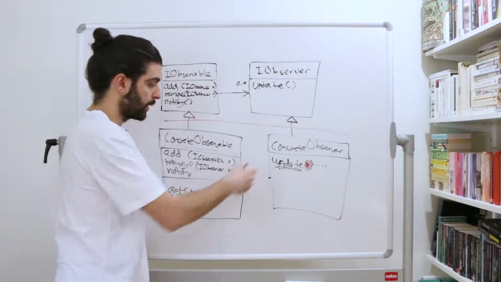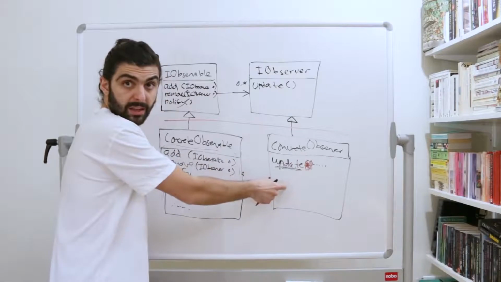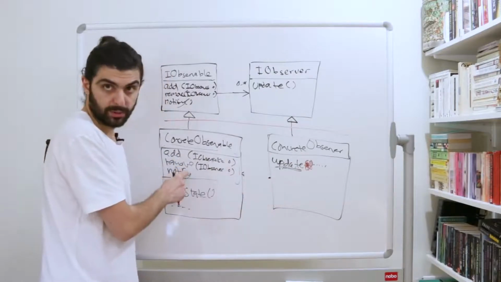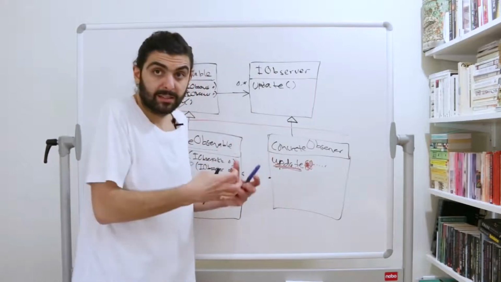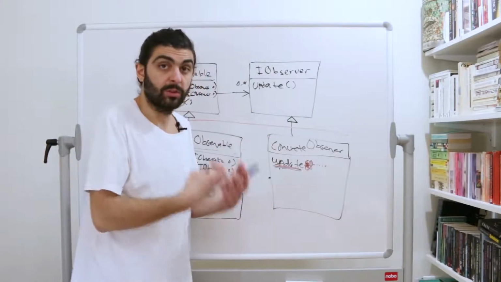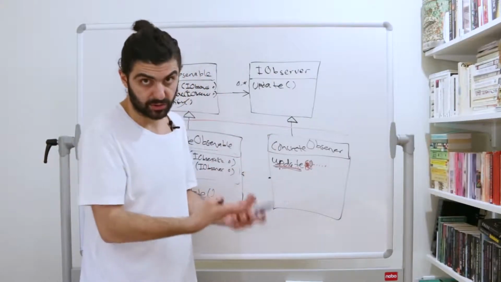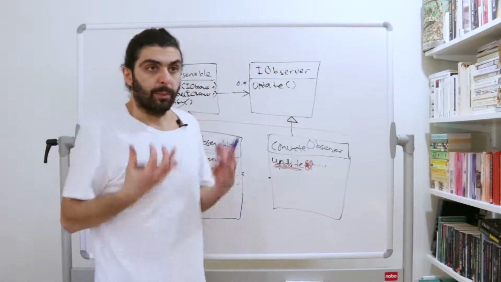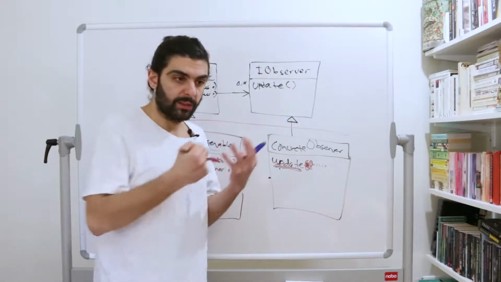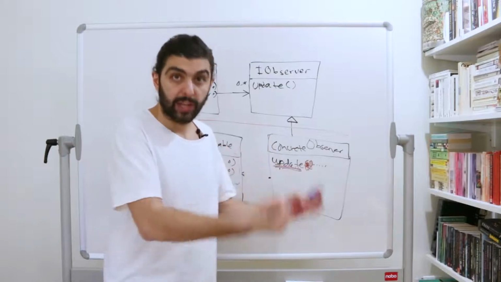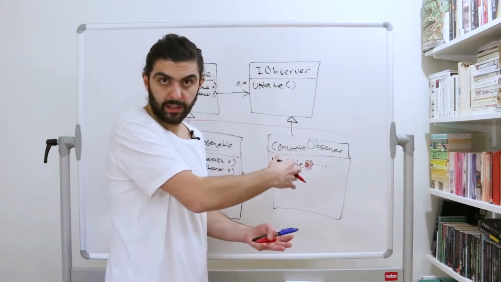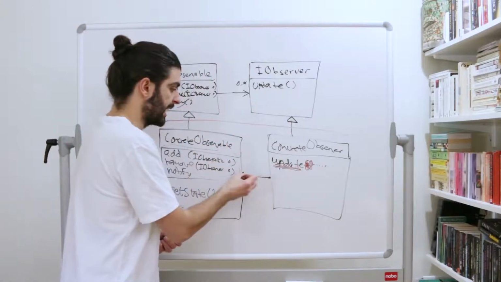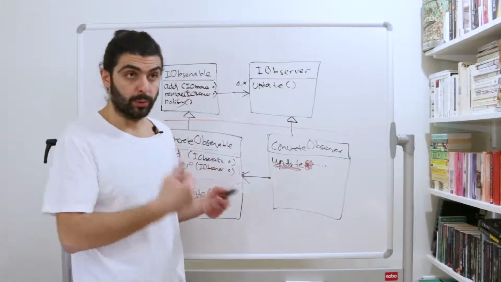The concrete observer does not need to have a concrete observable, because whenever you call update, the concrete observer gets not only notified, but also gets the data that it should be concerned about. So then it's kind of a push-push. You're pushing the fact that there has been a change, but you're also pushing the data that the observer should be interested in. What we've looked at here, when we still have this arrow, is more like a push-pull.